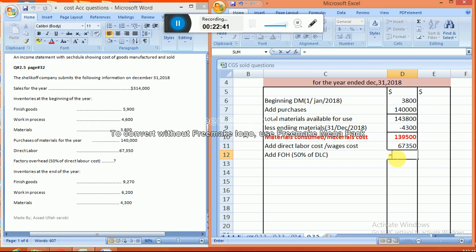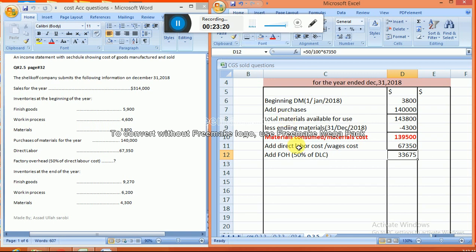Look, 50% multiplied by 67,350. When we find it, that is equal to 33,675. So we found out the factory overhead cost.